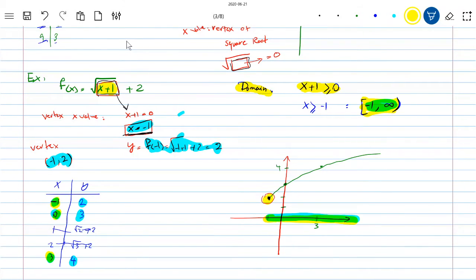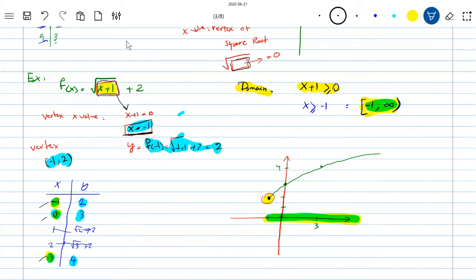The graph should be in this section. It should not go below that negative 1. And as we mentioned, negative 1 and 2 is the vertex point. Now the graph looks like it's going either upward or downward, one of these two cases. And how do I find that exactly? This is where these points come in: negative 1, 0, and 3.